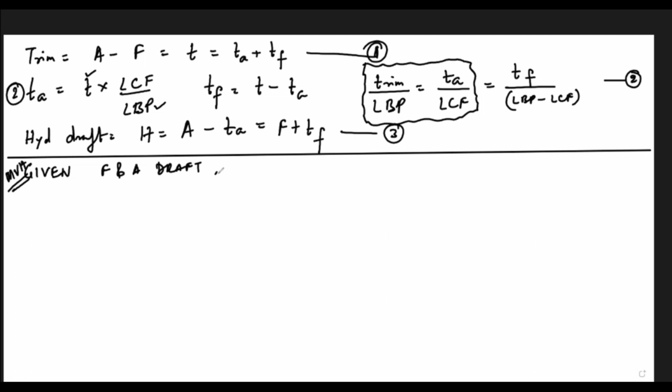Given the initial drafts, loading or discharging or shifting cargo at a location is also given, maybe so and so hold, maybe so and so double bottom, whatever. This will be given, right?